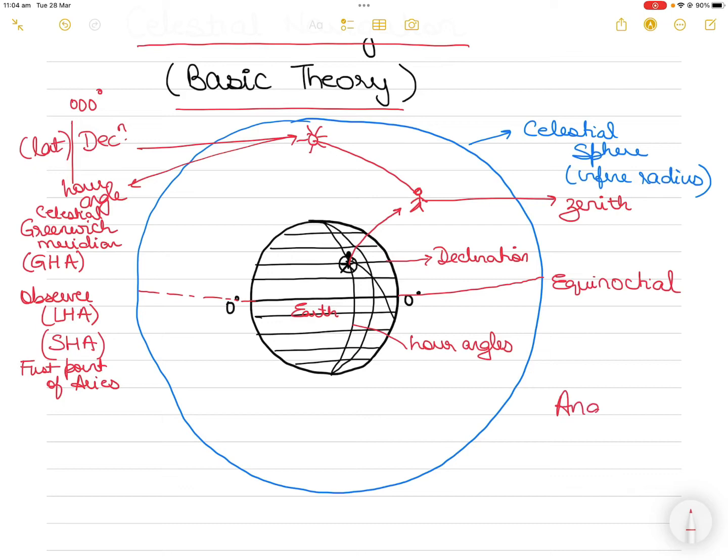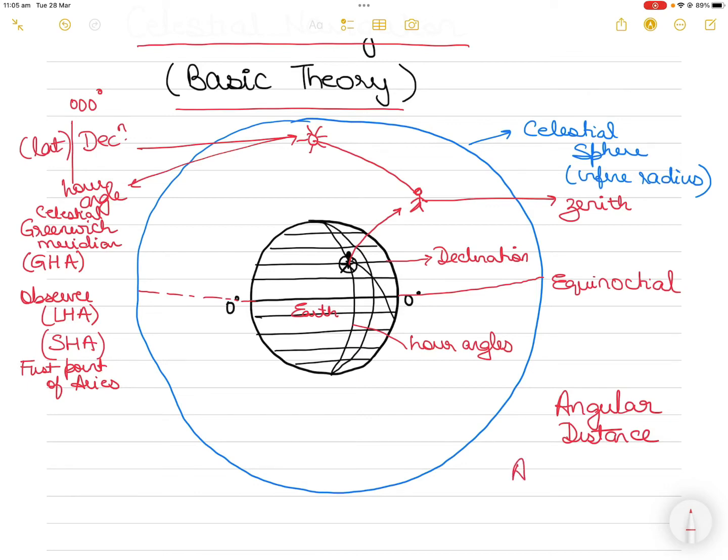And when I say angular distance, this is how I mean. So in case you were not getting what I'm saying because of my pronunciation or my accent, the angular distance is different from normal distance. So normal distances we measure in terms of length, isn't it? So centimeters, meters, kilometers, or miles, nautical miles.